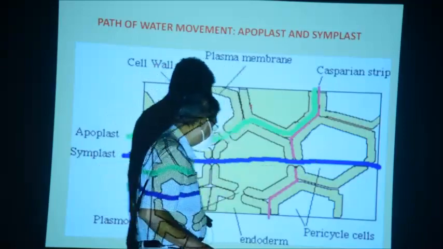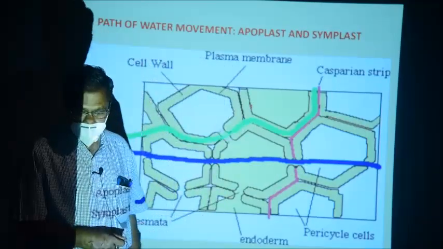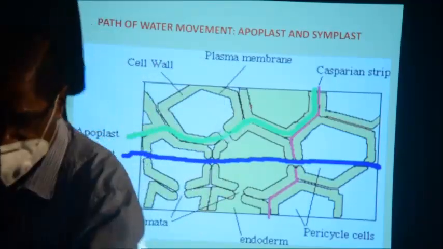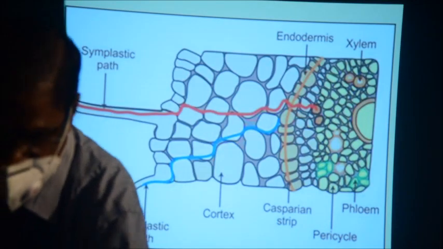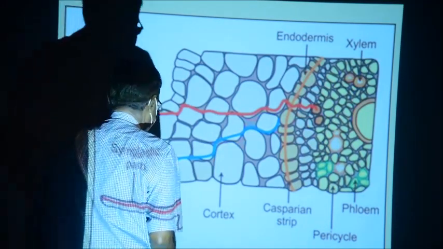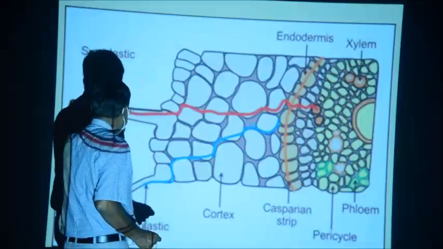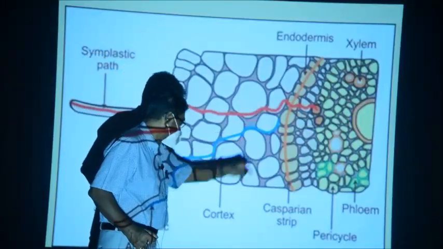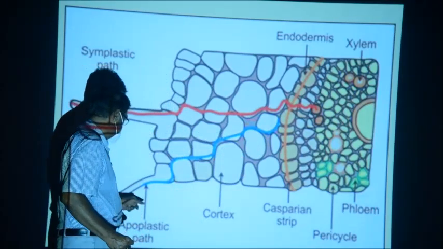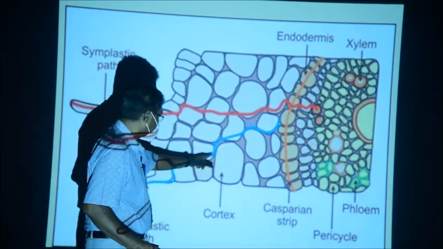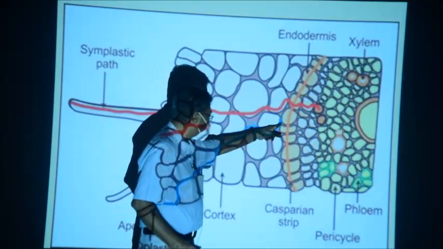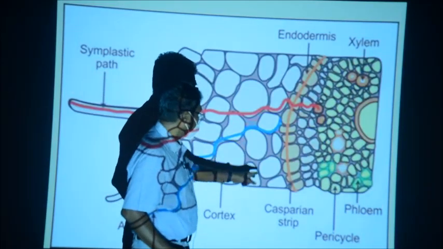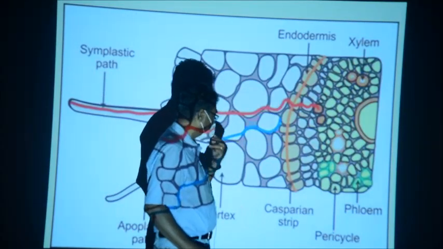Now up to the endodermis, they move freely. At the endodermis there is the Casparian strip. This is through the protoplasm, that is symplast, and this is through the cell wall and intercellular spaces, that is apoplast, and they reach up to the endodermis.